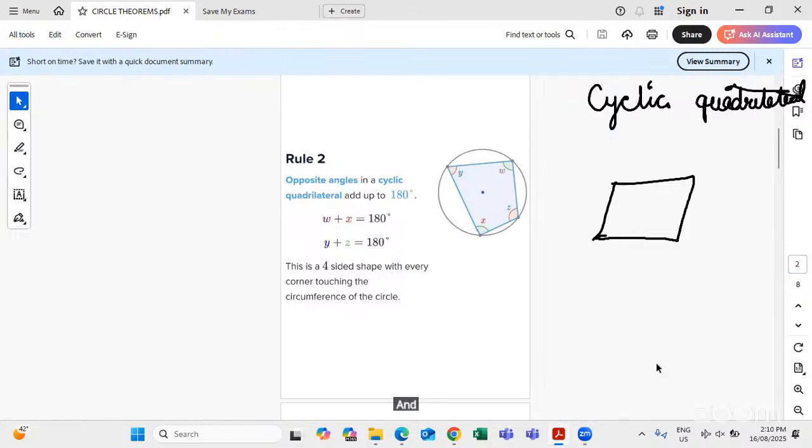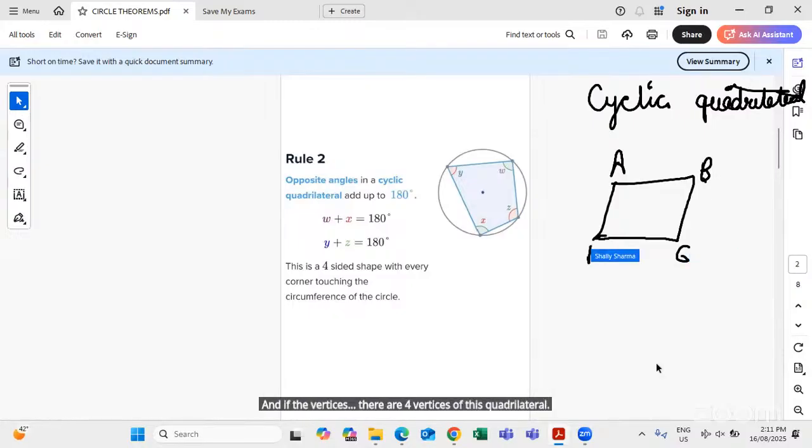If the four vertices of this quadrilateral, let's say A, B, C, D, all lie on the circumference of the circle, then this quadrilateral is called a cyclic quadrilateral.